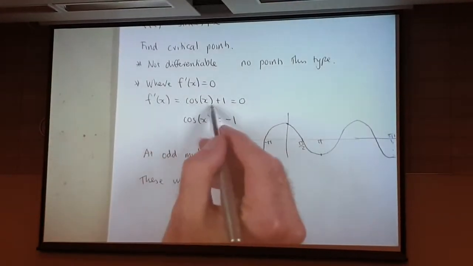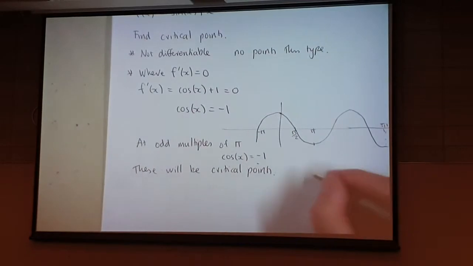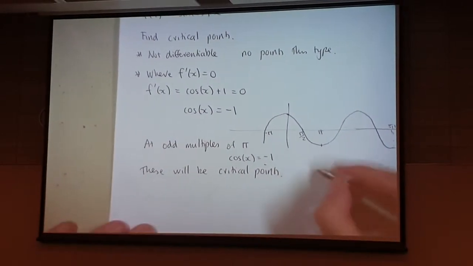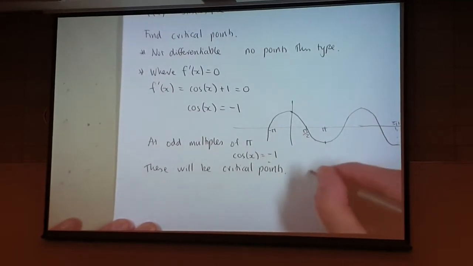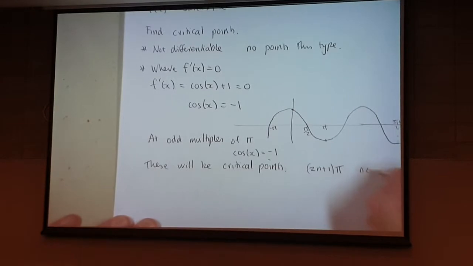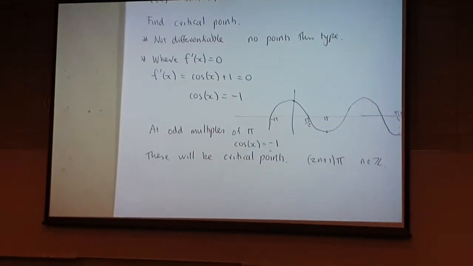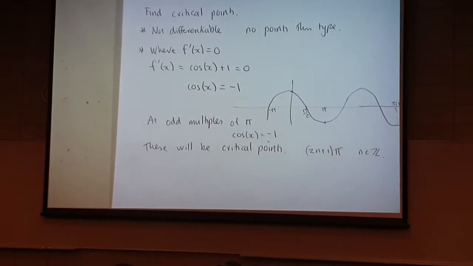So it's going to be odd multiples of pi, so 2n plus 1 pi for n in Z. That's just a fancy way of saying odd multiples of pi. So those are our critical points.